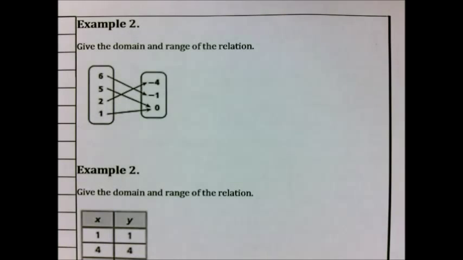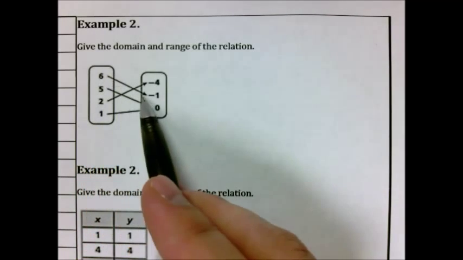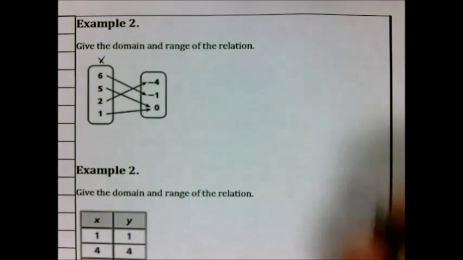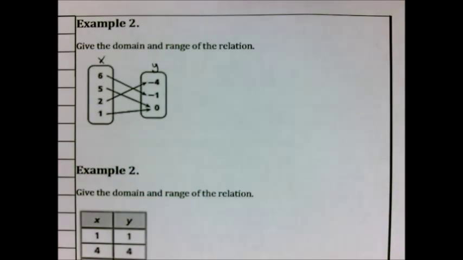Okay, example 2 gives a little different type of representation of a relation. Okay, this is a diagram, a mapping diagram. And we always have our x values. Remember, x is the input and y is the output. And you can see that the arrows go one direction, right? So that means that this has to be our x, our input, and this area has to be our y, our output.